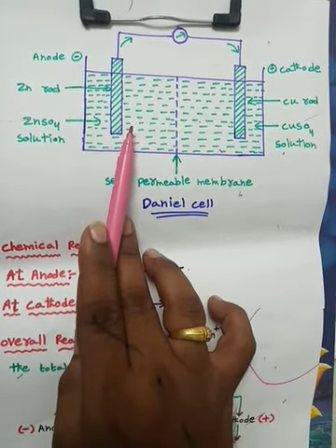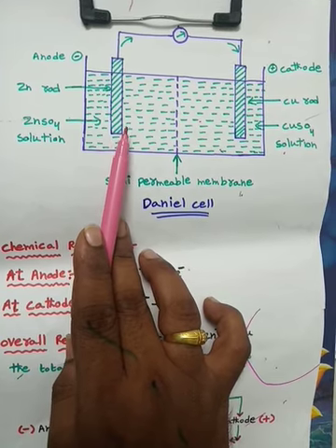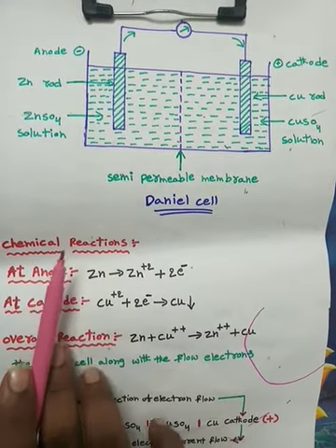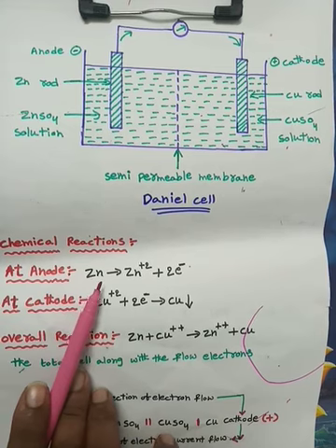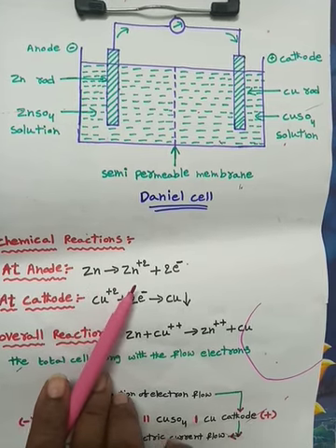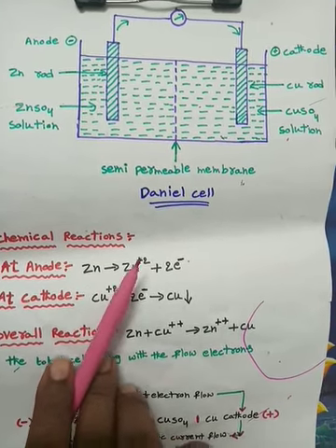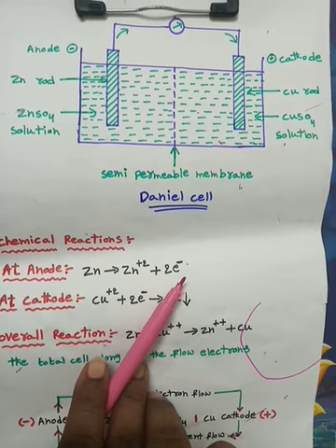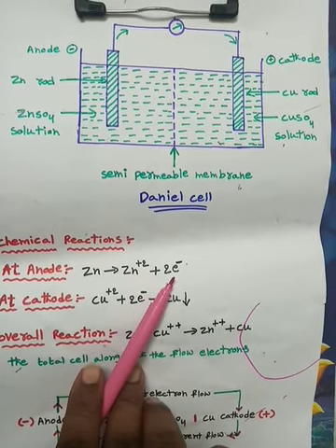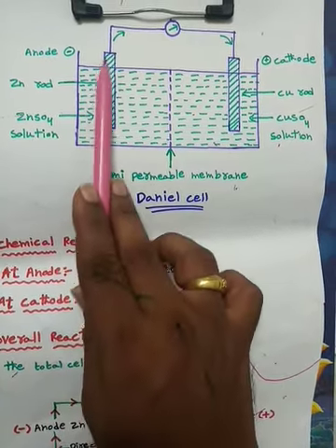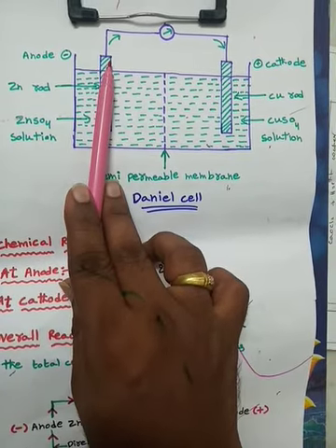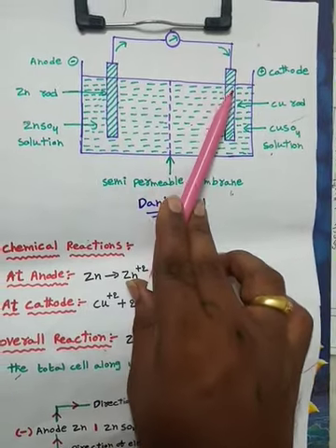So at first at the anode, oxidation takes place. During the oxidation process, zinc undergoes oxidation to produce Zn2+ and 2 electrons. After the liberation of 2 electrons, these 2 electrons move from the anode to the cathode.